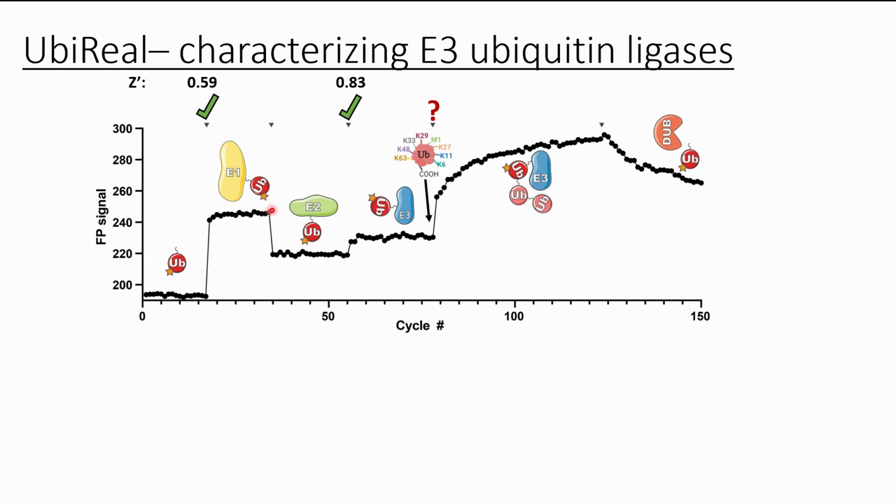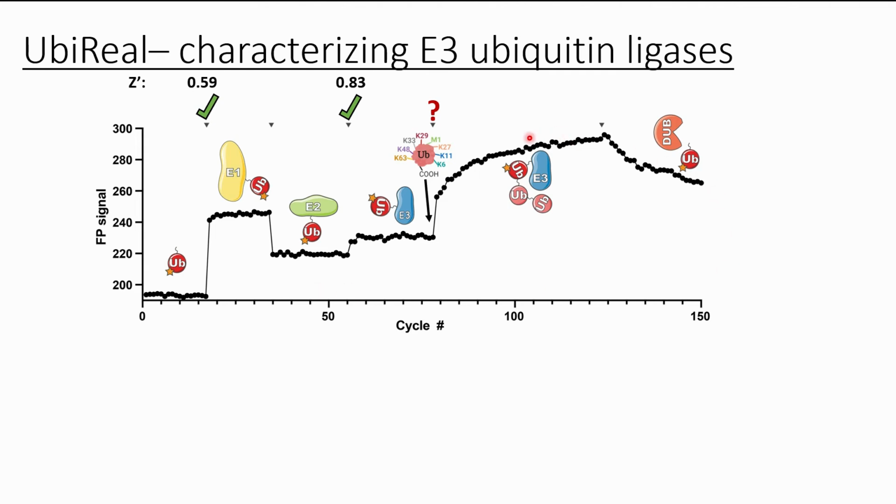Having done these two steps, we then moved our sights on to the next step, which was the E3 ubiquitin complex. As I had mentioned earlier, we used a little trick, which was spiking in some unlabeled wild type ubiquitin into this reaction, which could support the formation of not just the monoubiquitinated E3, but the generation of polyubiquitin chains onto the E3 over time, giving us a larger increase in signal.